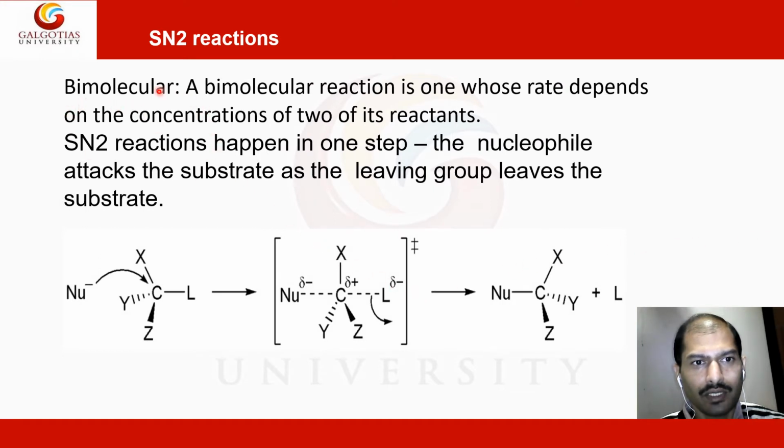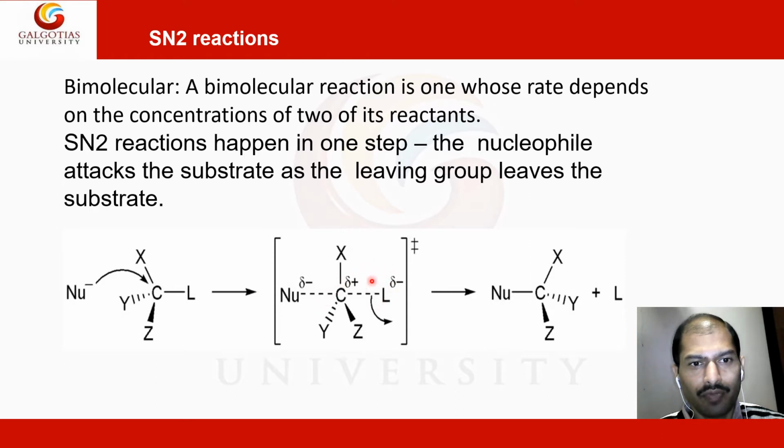Now in the case of the SN2 reaction, which is also called a bimolecular reaction, it is one whose rate depends on the concentration of two of its reactants, meaning the substrate and the reacting species. In SN2 the reaction happens in a one-step mechanism, and there is a transition state, which can be seen from this reaction mechanism.